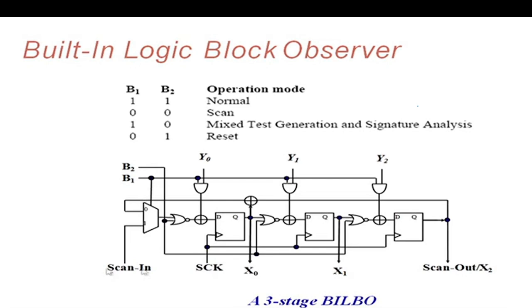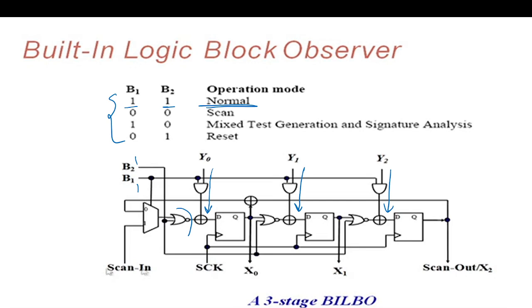So the next, built-in logic block observer. Here we can have different modes of operation. If we consider 1 1, it is the normal mode of operation. That is, if we apply 1 1, this will be off, and whatever is there in the Y will be applied to the XOR gate.